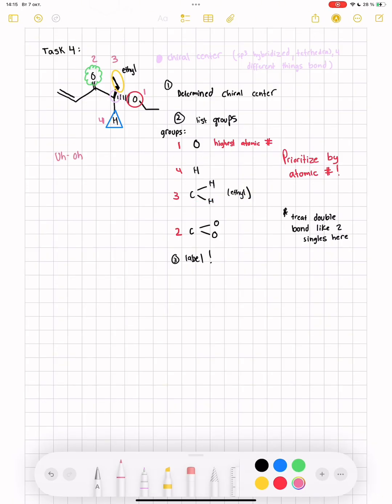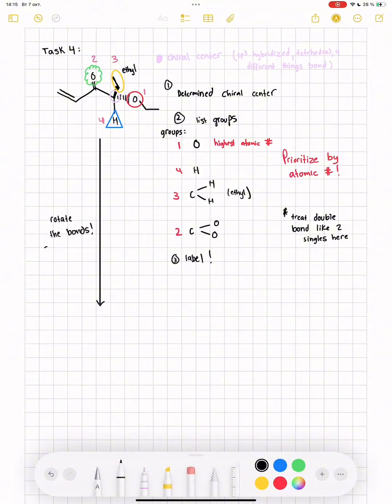We run into a problem because if we want to set it up via arrows, we're going to be all jumbled up. So we want that hydrogen in the back. We want it on that dash. By doing so, we can now rotate the bond.